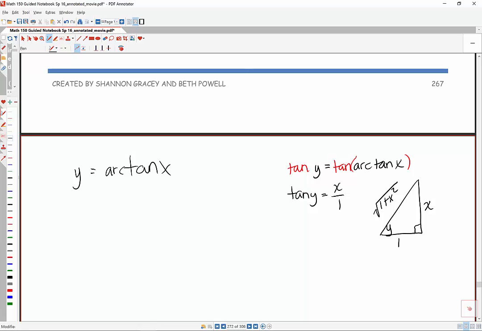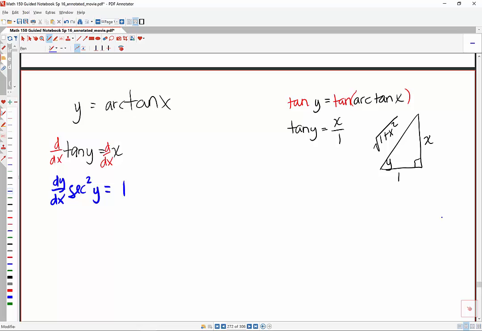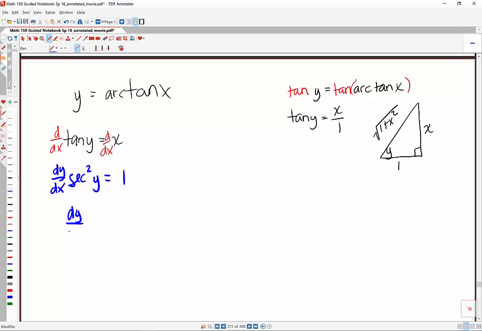Okay, so now thinking of this as tangent y equal to x and evaluating the derivative with respect to x of both sides, we will have dy dx times secant squared at y is equal to 1. So dy dx is equal to 1 over secant squared at y, which gives us dy dx is equal to cosine squared at y.